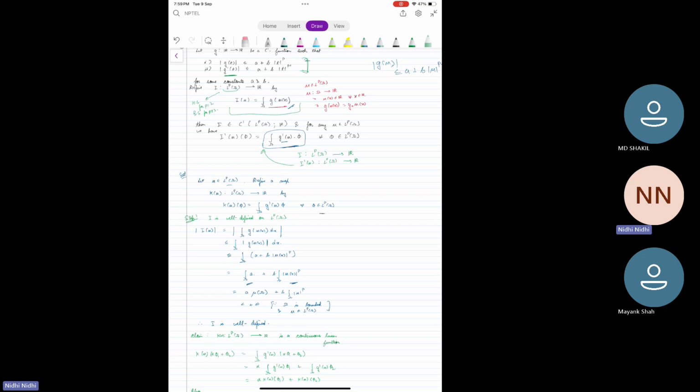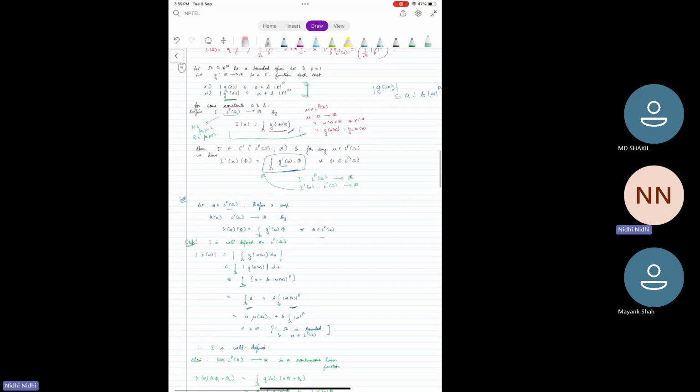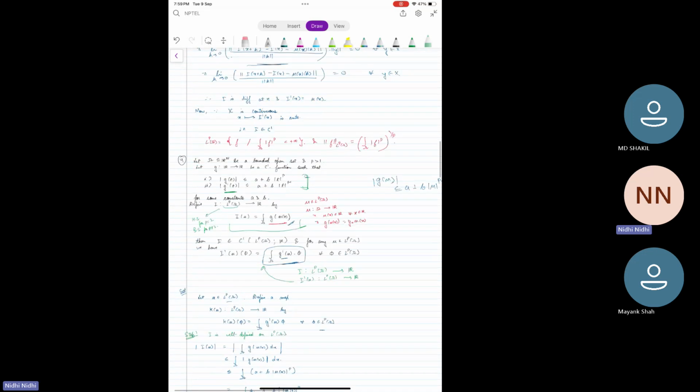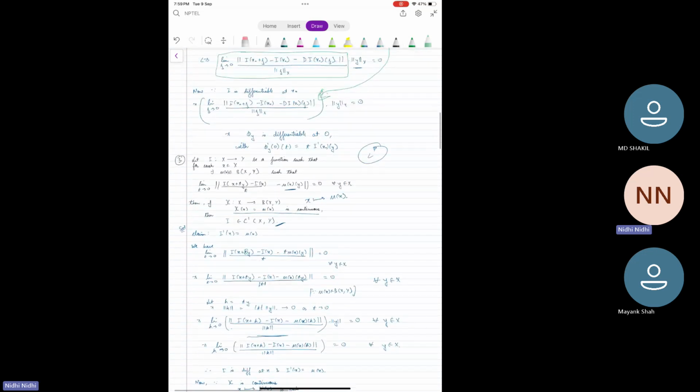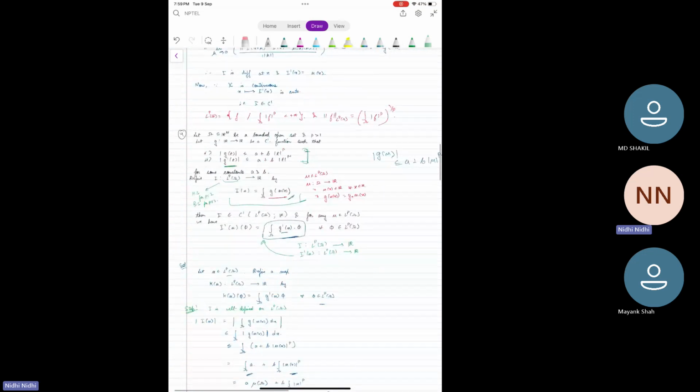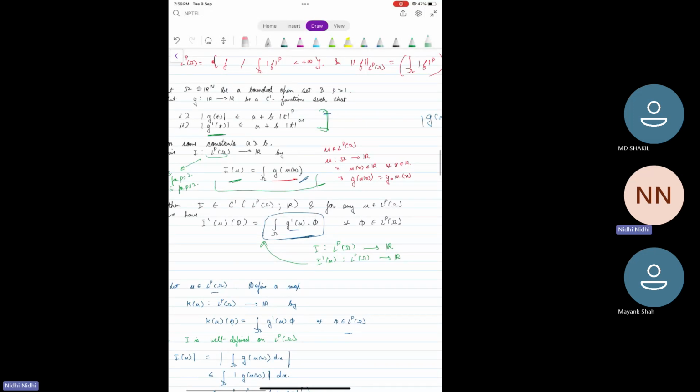So if we can find derivatives of such functions and find their critical points, we lead to solutions of partial differential equations.